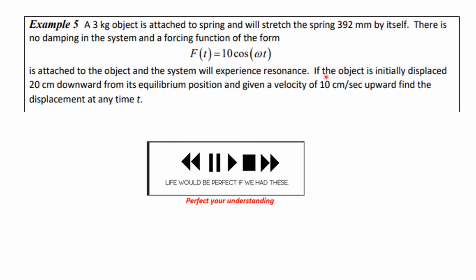If the object is initially displaced 20 centimeters downward from its equilibrium position, and look, there are a lot of units you have to deal with here, and given a velocity of 10 centimeters per second upward, find the displacement at any time t. You know what to do. Let's see how you did, but we'll see that after we go to 23.4.